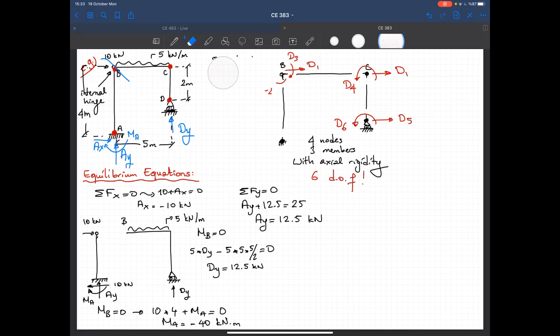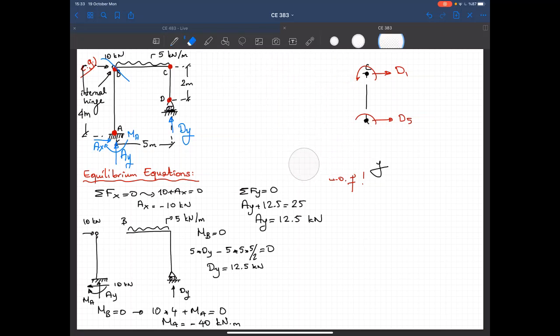Now let's determine the free body diagram. So I will draw the free body diagram in here.